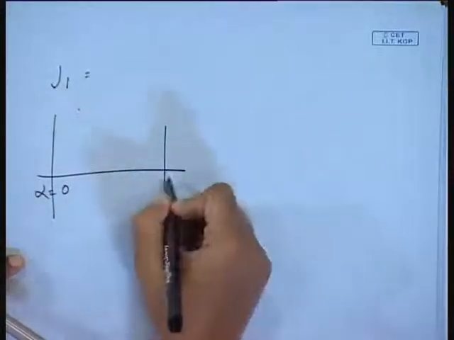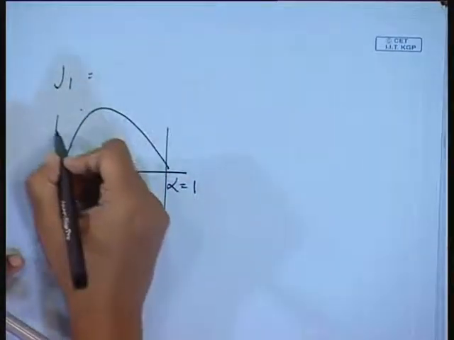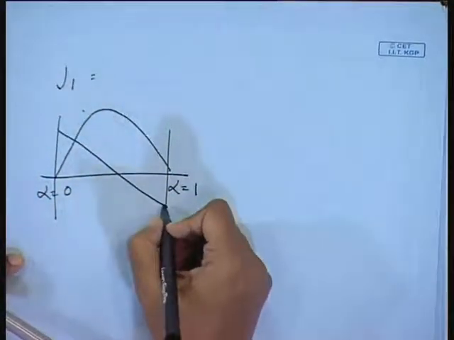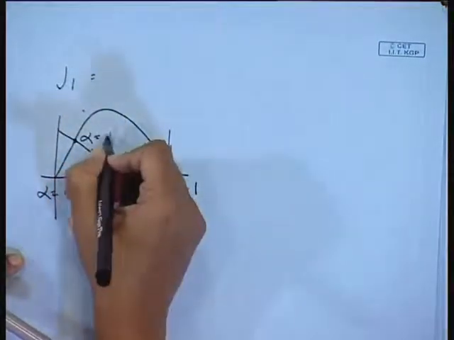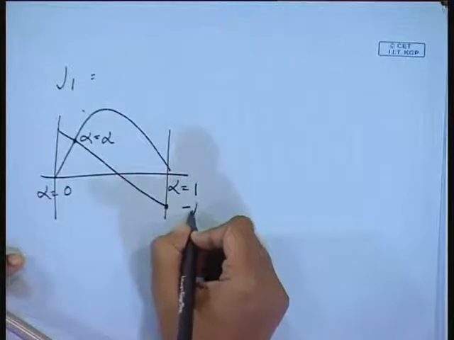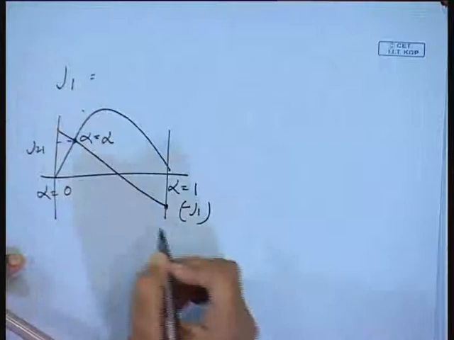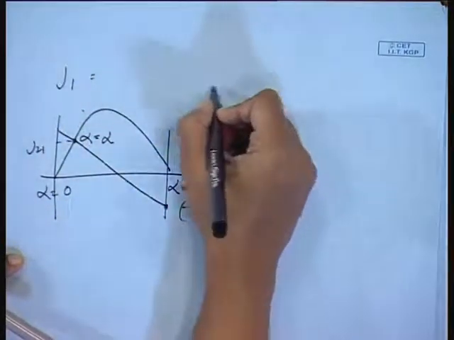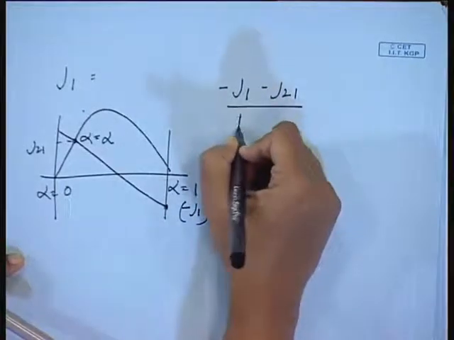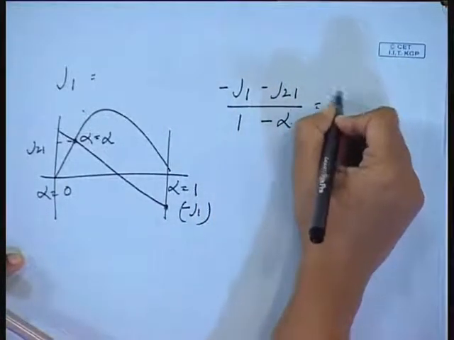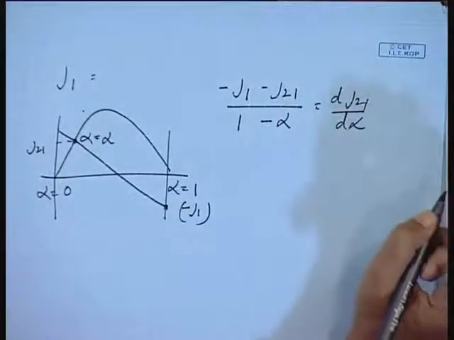This is alpha equals to 0, alpha equals to 1, this is the curve, this is the line. So, in this line this is alpha equals to 1, this is alpha equals to alpha, this is minus J1 and this is J21. So, what is the slope in this particular case? The slope will be minus J1 minus J21 by 1 minus alpha, this will be the slope dJ21 d alpha, correct.